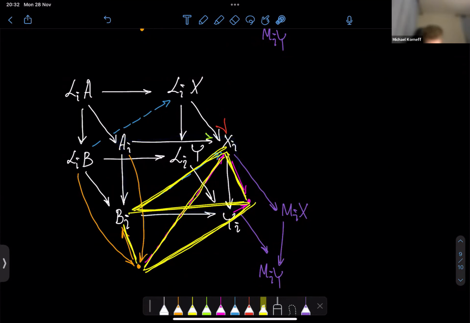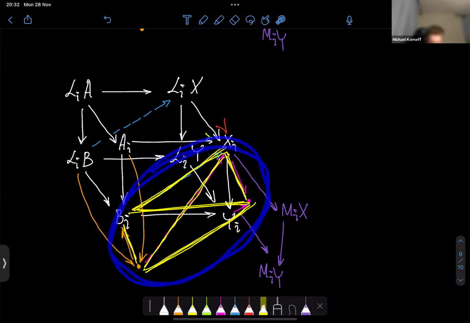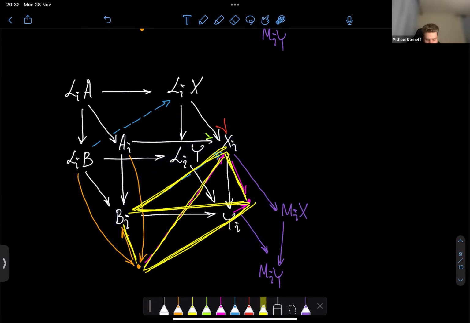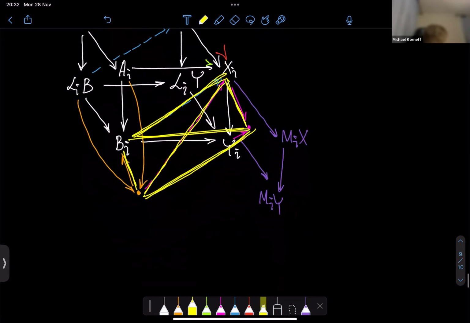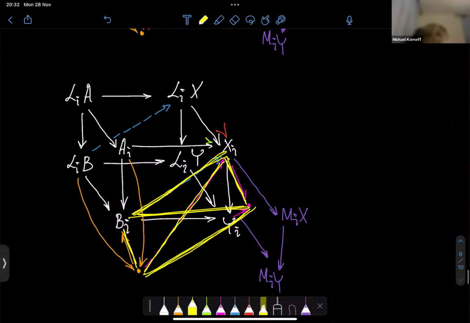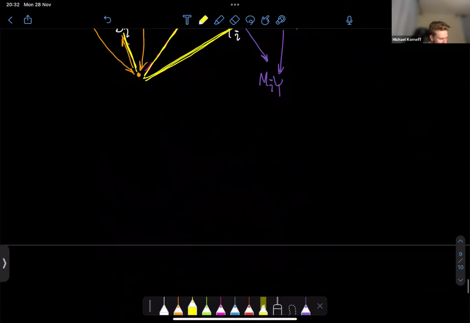But it can be done from observing the commutativity of this tetrahedron. But I omit the details. It looks very awful, so I think we can skip it. Okay.